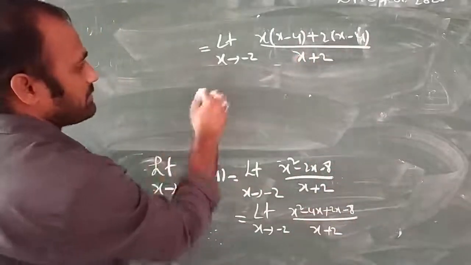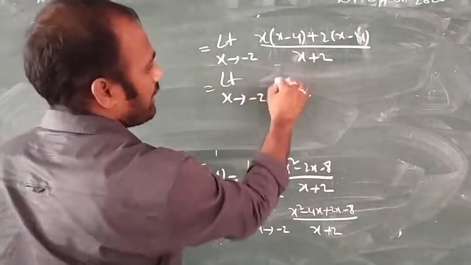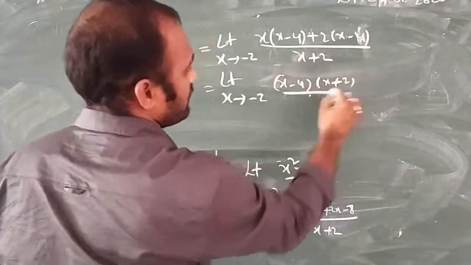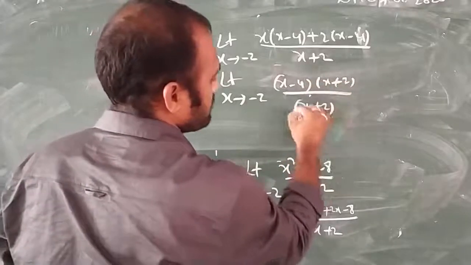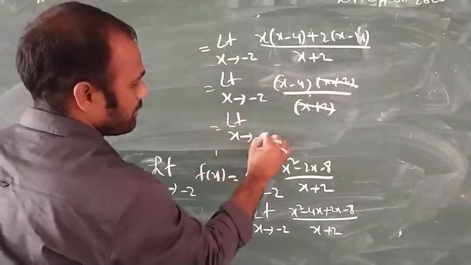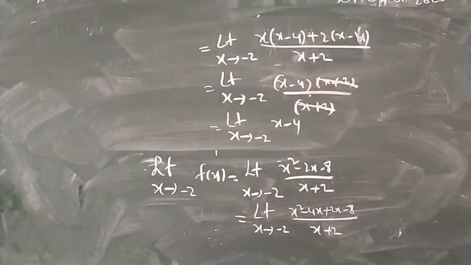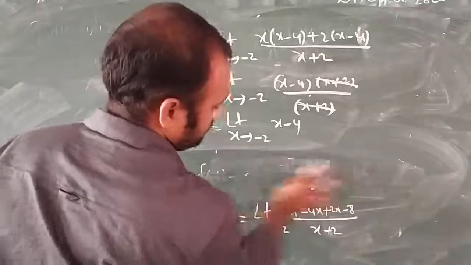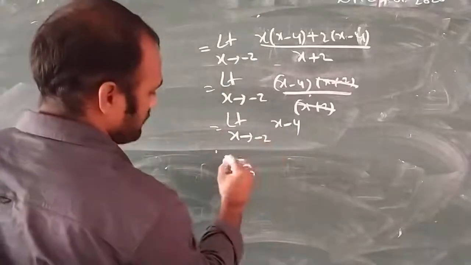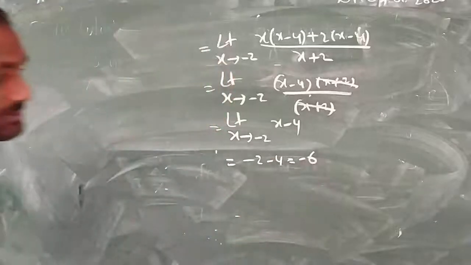So the next step is limit x tends to minus 2 of x minus 4 into x plus 2 divided by x plus 2. x plus 2 gets cancelled. So limit x tends to minus 2 of x minus 4 is the value. If I substitute minus 2 in this function, minus 2 minus 4 which is minus 6.